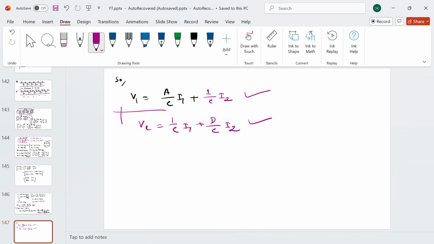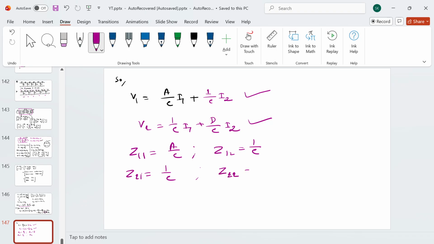Okay. So now I got the Z parameters. Z11 is simply A by C. Z12 is simply 1 by C. Z21 is equal to 1 by C. And Z22 is D by C. Okay. So this is how the thing will happen.